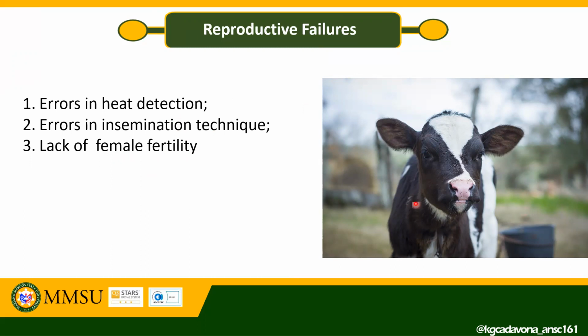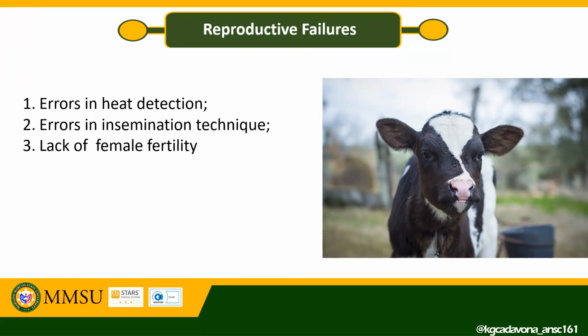So the first one, let's try to differentiate it. So the first one, which is inaccuracy or errors in heat detection. Okay? So yung inaccuracy in heat detection is easily the most important factor in reproductive failure.